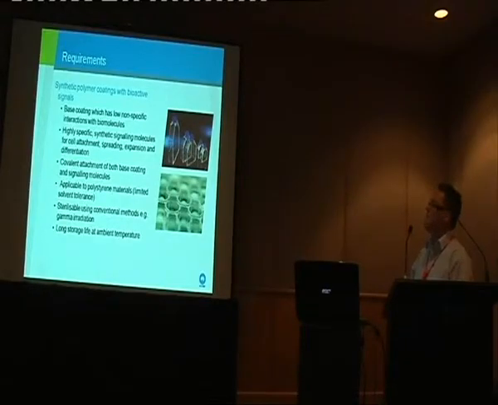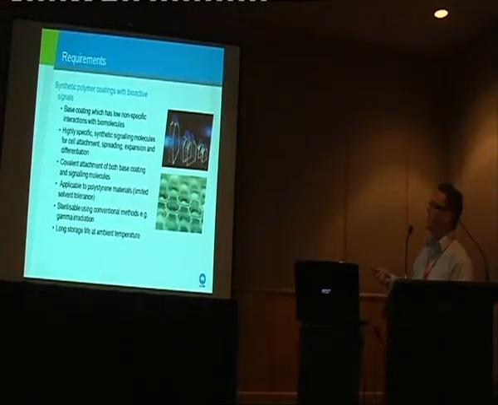Just to introduce why we're interested in this area and what our drivers are. At least from our perspective, we want a base coating, and in our case these were always polymeric coatings, so synthetic, which has low non-specific interactions with biomolecules. We want to use highly specific synthetic signalling molecules for cell attachment, spreading, expansion and differentiation.